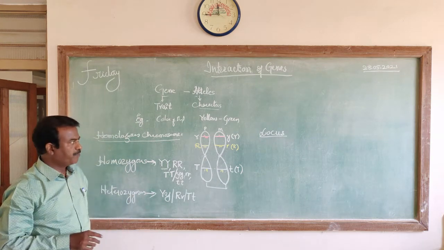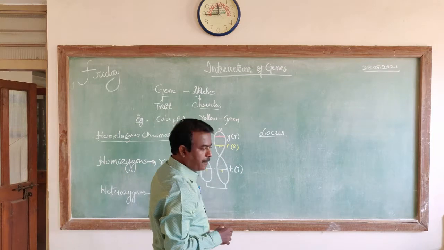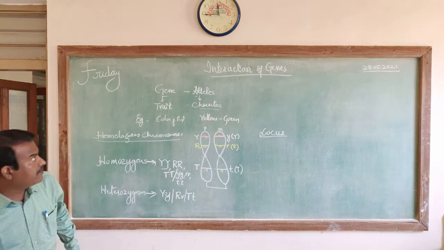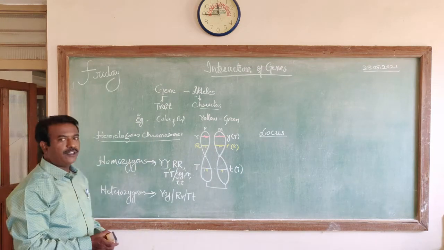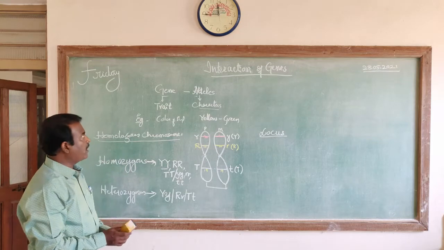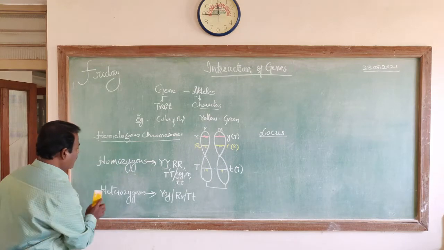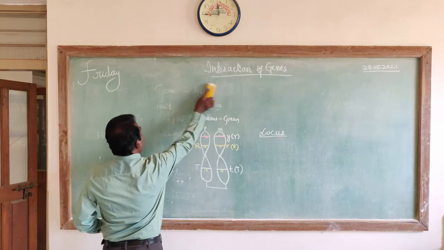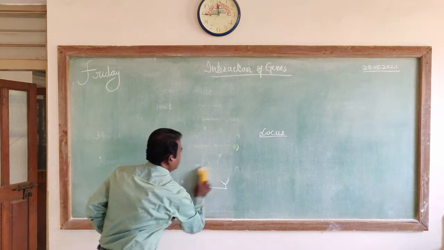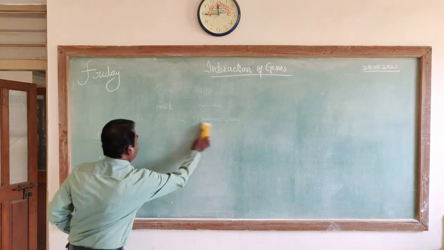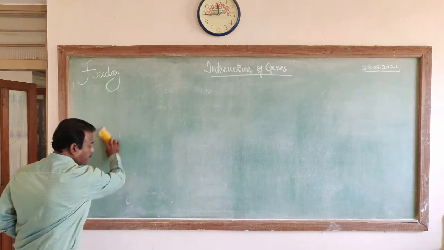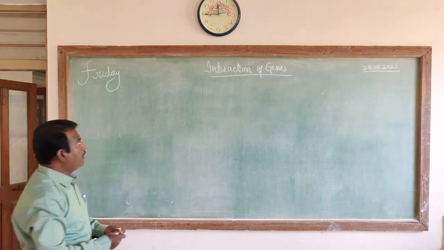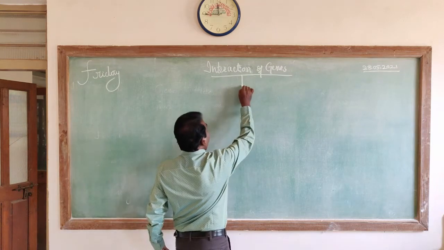We have understood. After knowing this, now coming to the main point, that is the main concept that we need to know or we need to study today: interaction of genes. Interaction of genes.